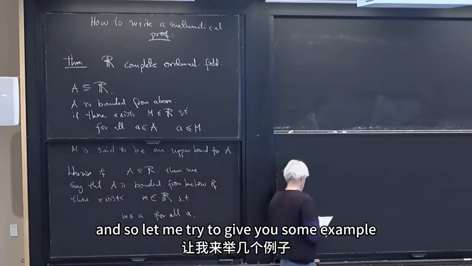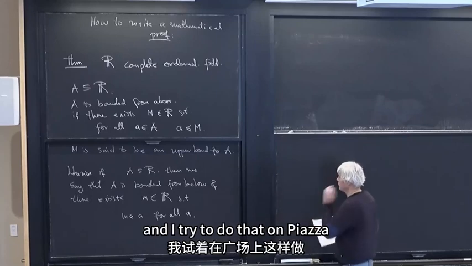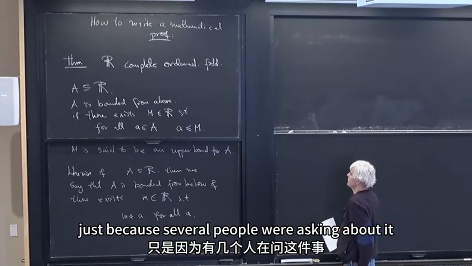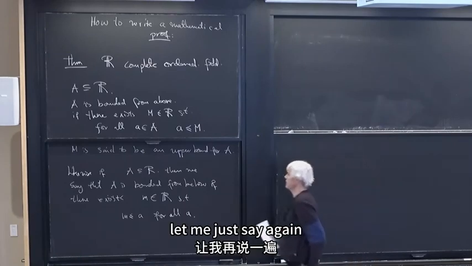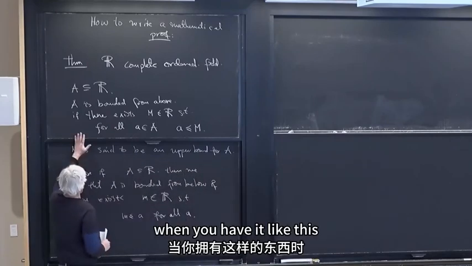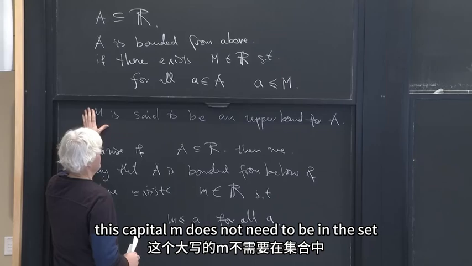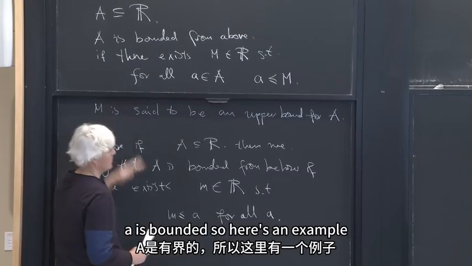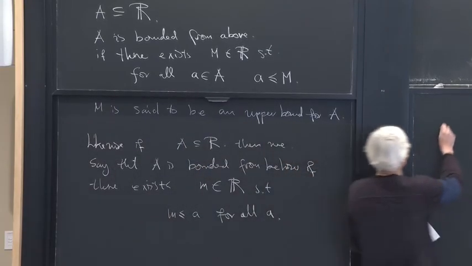I tried to give some examples on Piazza, but because several people were asking about it, let me say it again. This capital M does not need to be in the set A. Here's an example.